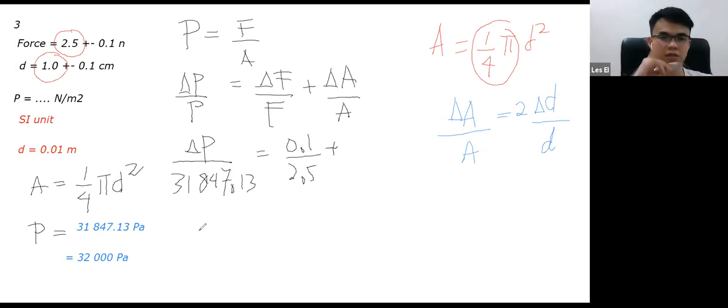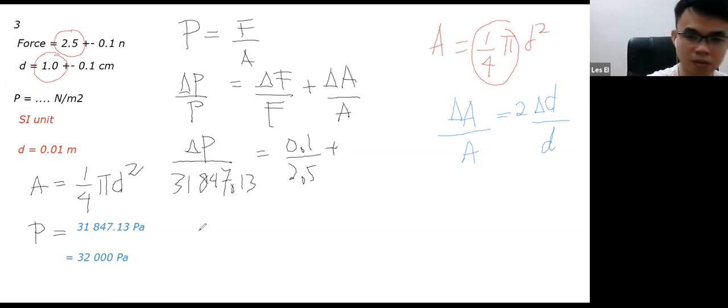Okay, listen to this statement carefully. When you want to find the pressure, you have to make sure everything is in SI unit. But when you are talking about the uncertainty, it's not necessary. Why?